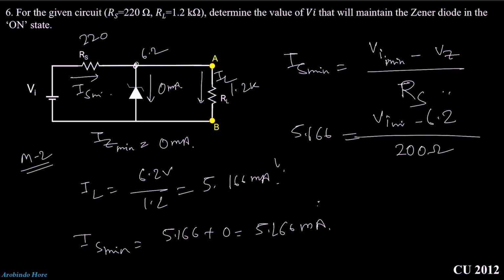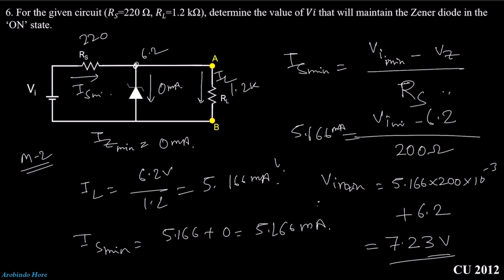If we multiply this, we get Vi minima equal to 5.166 times 220 times 10 to the power minus 3, plus 6.2. That equals 7.23 volt. So the answer is the same in both ways. If we do method 2 or method 1, the answer will be the same, 7.23 volt, but you can use either method. So that's all for the Zener diode.